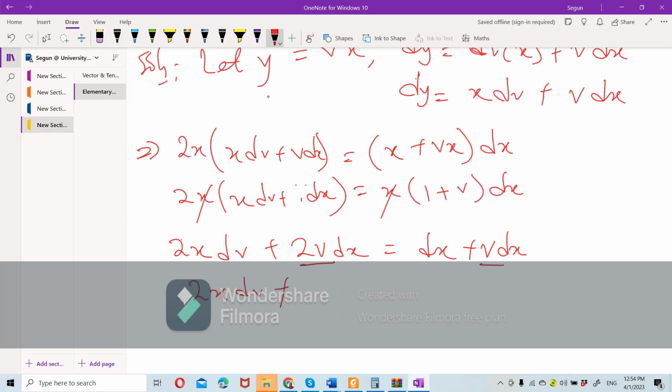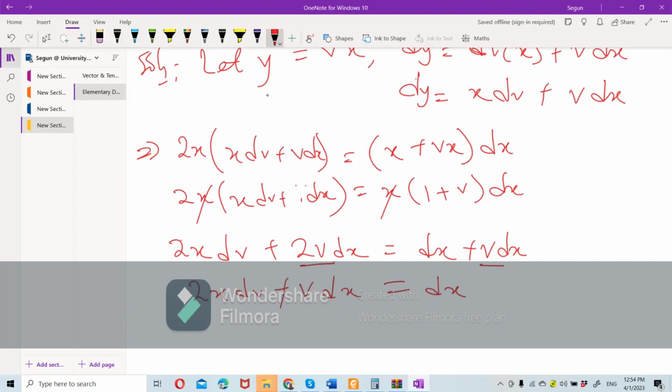If we cross to this side, it will turn to negative. So we now have 2 minus 1, which is 1. We have v dx equals to the x. Any question? Okay.